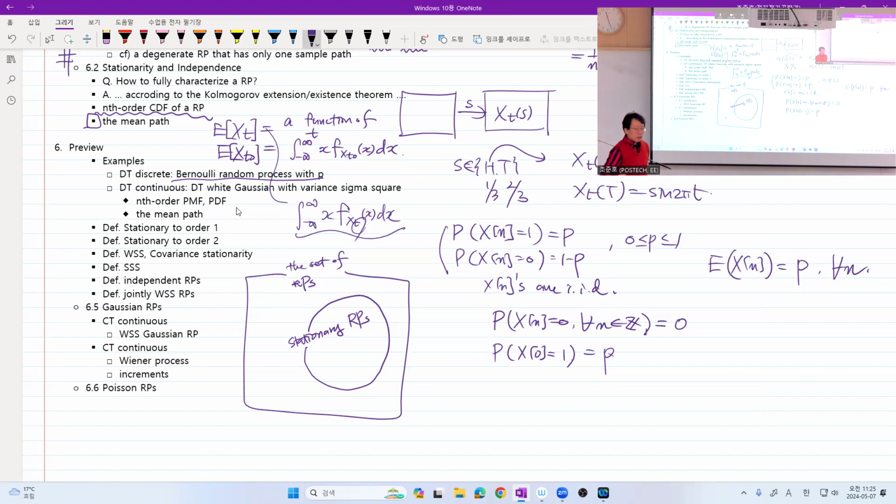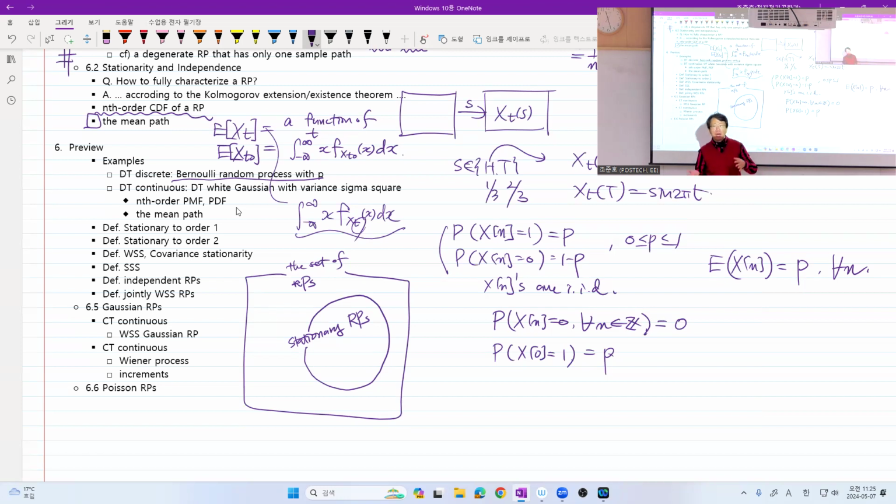But without assuming stationarity, it is very hard to characterize a random process. And vice versa, stationary random processes have a very good, very simple way to describe them and fully characterize the random process. So you have a kind of trade-off. Given a true real-world random process you want to model, it may not be stationary at all.